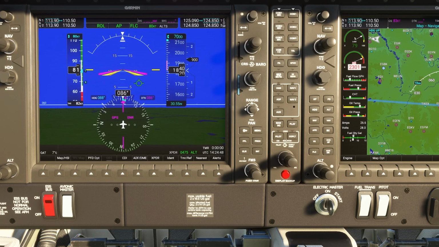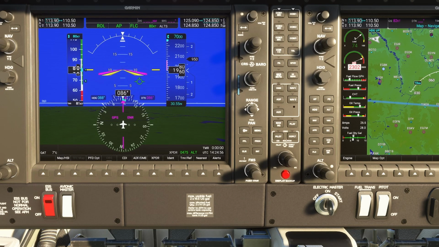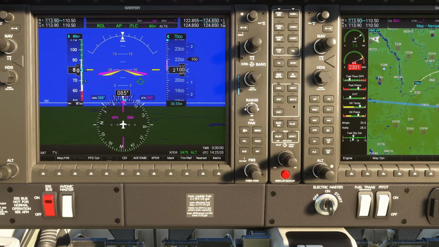So let's bring that all the way down to 75 or thereabouts, a little bit more. There you go, 74. So it's dropped us down again, and it's trying to maintain that optimum pitch level and the speed that we've told it to keep at, to keep us climbing.